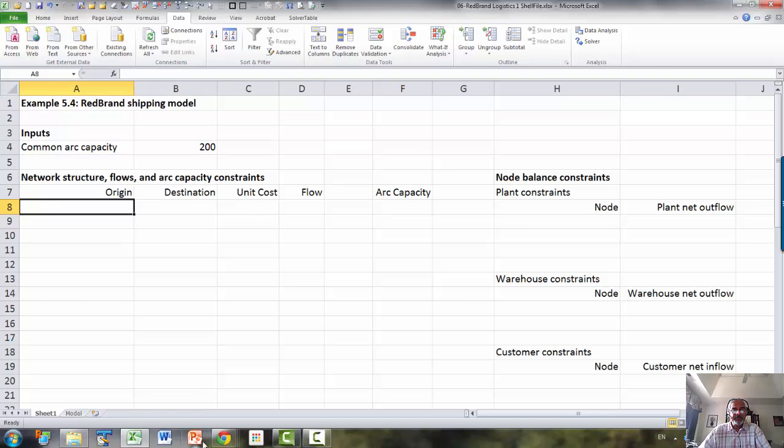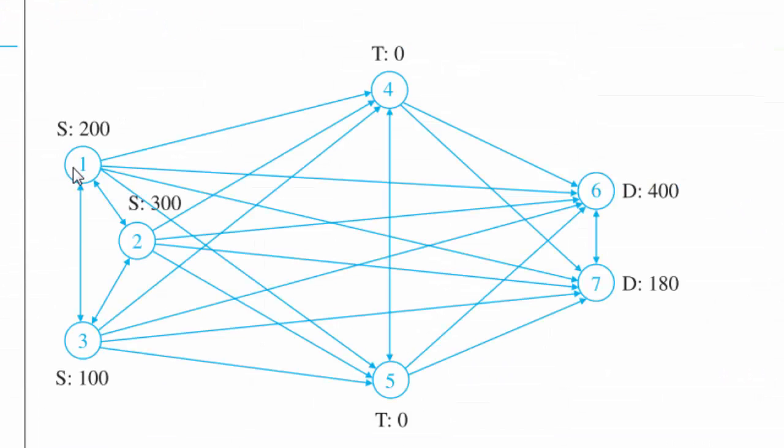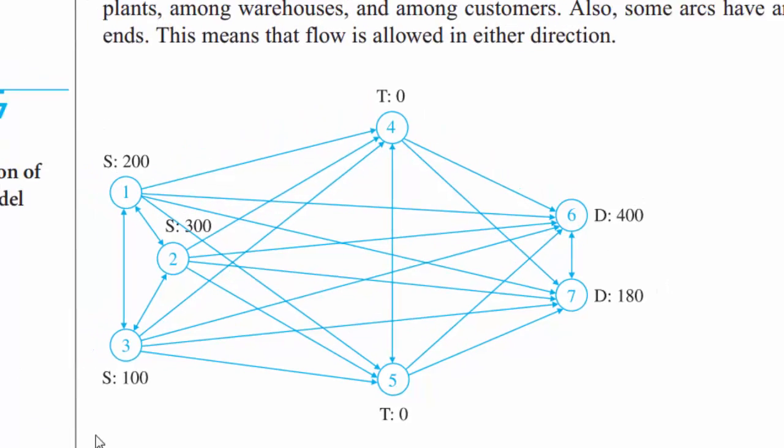Well, we need to go back to the problem. We see from 1, we can go to 2, 3, 4, 5, 6, and 7. So it can go to all the other nodes from 1.